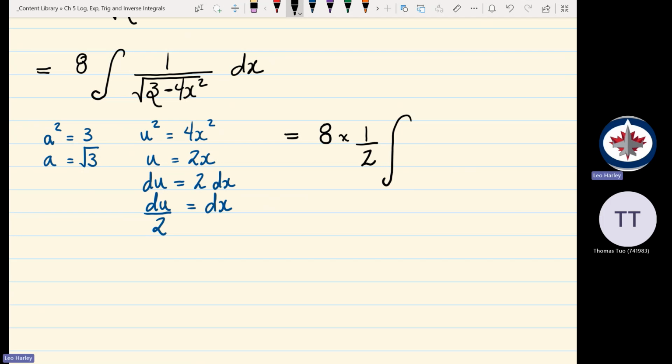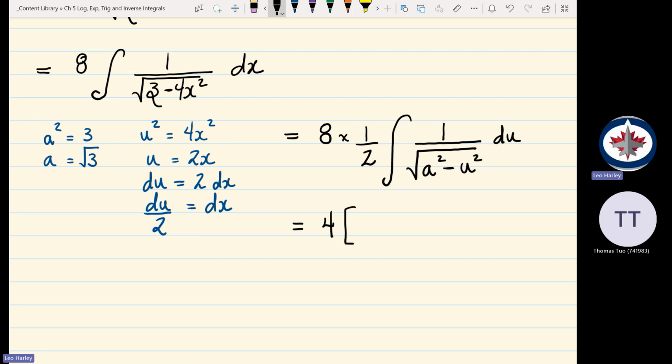And I guess if we're going to do it like this, we're going to have to write it as 1 over the square root of a squared minus u squared du because of that 1/2 that we generated. If we move forward from here, it's going to be 4 on the outside because I'm pretty certain that 1/2 of 8 is indeed 4.